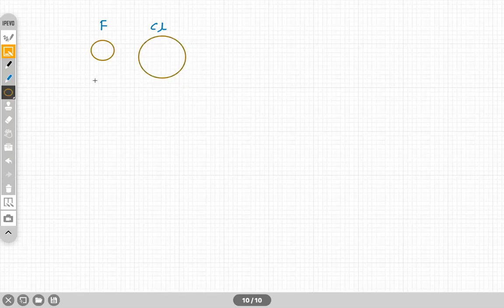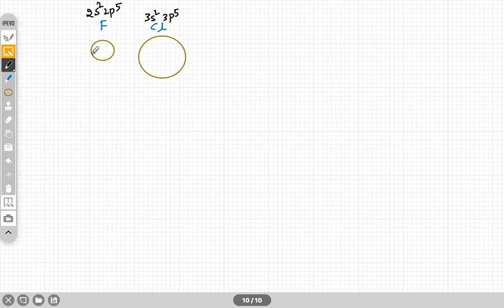The configuration for fluorine is 2s2 2p5, and for chlorine it is 3s2 3p5. The size of 3p is bigger than that of fluorine. This has 5 electrons, 1, 2, 3, 4, 5 electrons in this shell, just a random representation I'm telling you. And here also we have the 5 electrons like this.